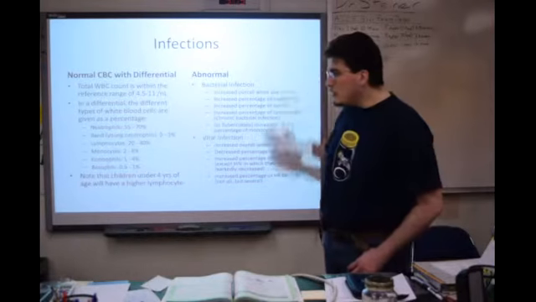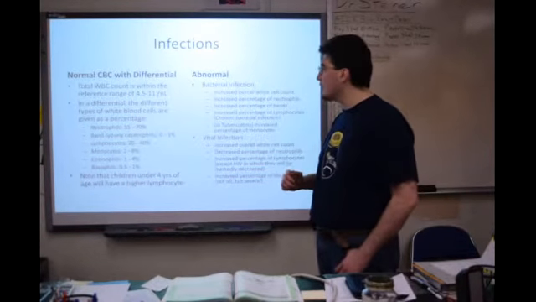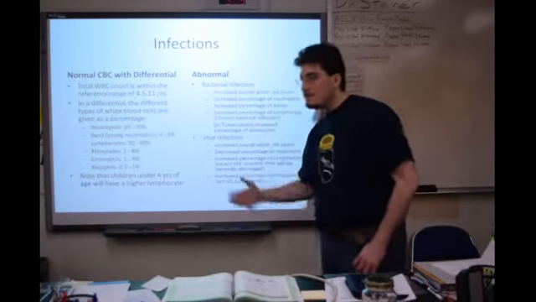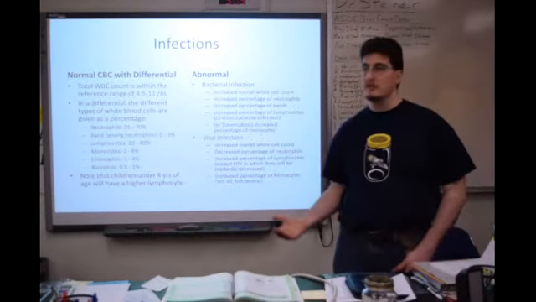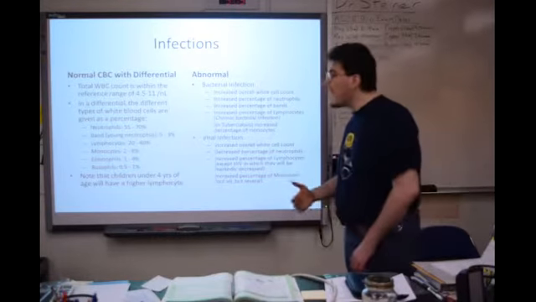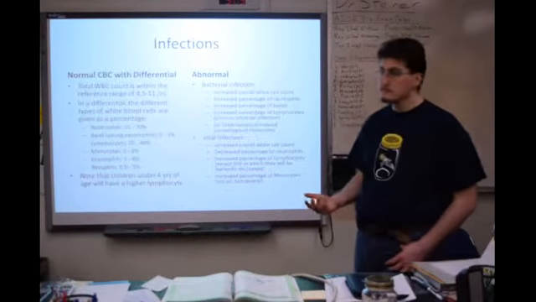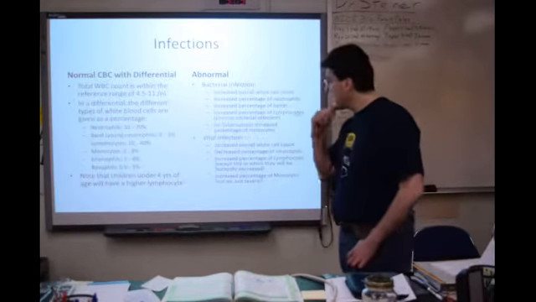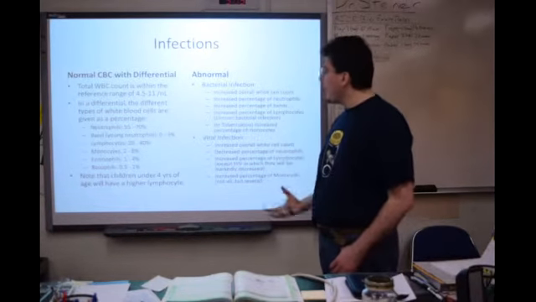So an increased overall white cell count is inevitable because in all bacterial infections, except for severe septic shock, you will have leukocytosis. So you'll have an increased overall white count.